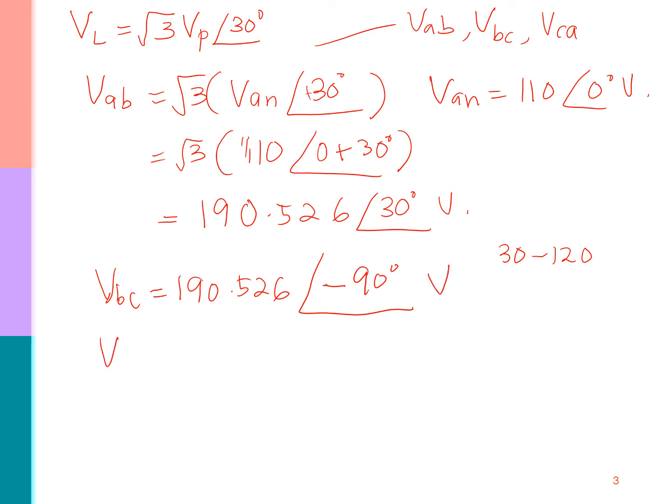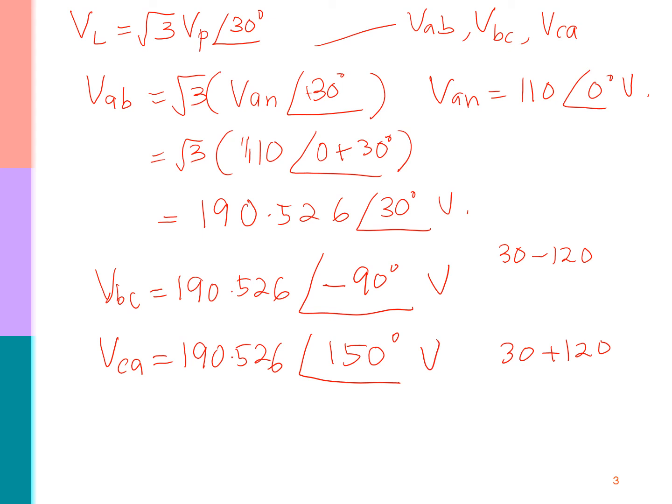Similarly for VCA, the magnitude is the same, and the angle 30 you plus 120, so the angle for VCA is 150 degree.